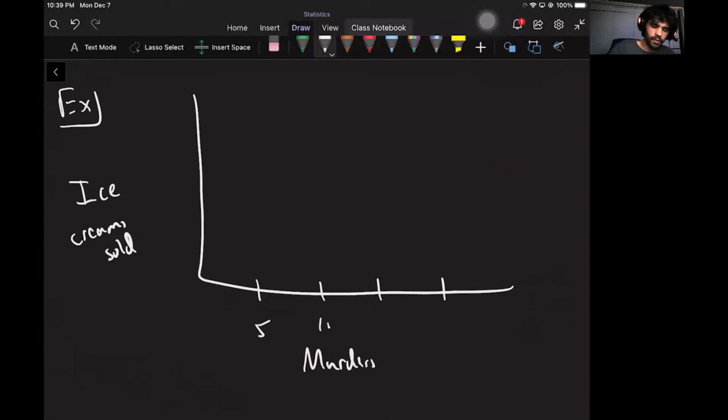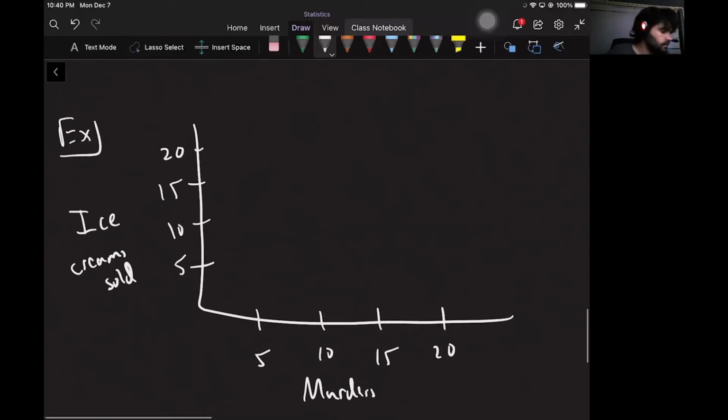So 5, 10, 15, 20, and 5, 10. So this one, they're going to be proportional in that they go up almost exactly the same together. So this is just an example, so I'm just going to draw the dots very quickly without thinking too much about being perfect.